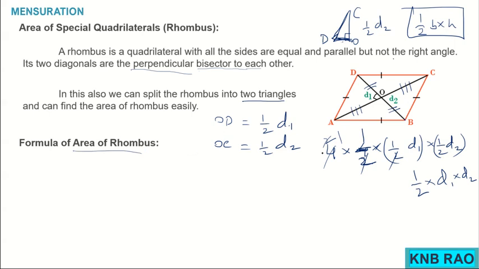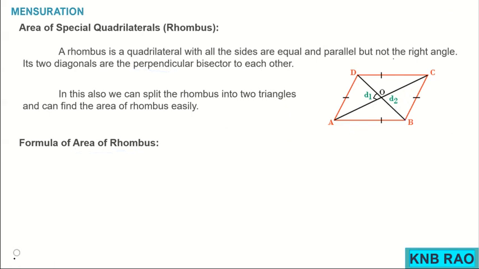So, area of rhombus is 4 times the product of the half and base and height. What is the base of this triangle ODC? Base is half d1. What is the height of it? Half d2. So, half into half d1 into half d2, that product is multiplied by 4 times. So, you know now the area of a rhombus.